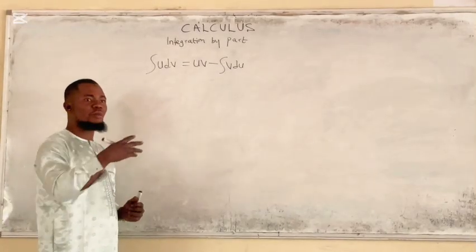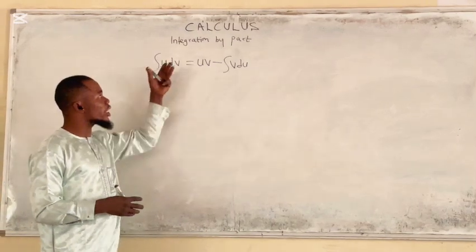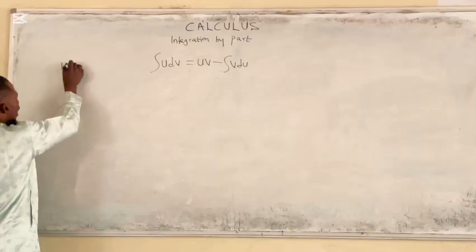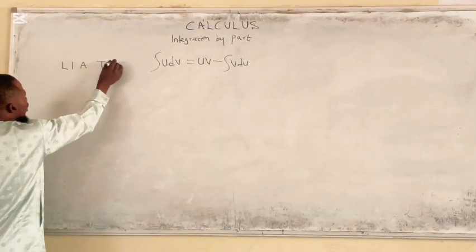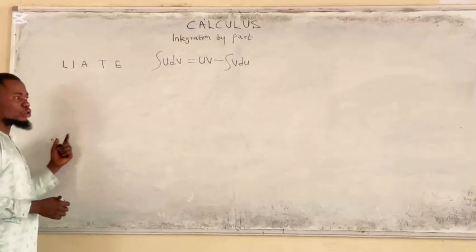Now, there is an order of priority of the functions that we must know that will allow us to understand integration by parts very well. L-I-A-T-E. This is the order of their priority.